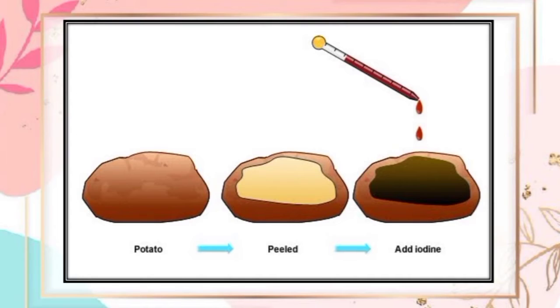Second step, put a few drops of iodine solution onto the cut side. Observation: the iodine solution turns the color of the potato bluish black. Conclusion: this shows that the potato has a lot of starch stored in it.